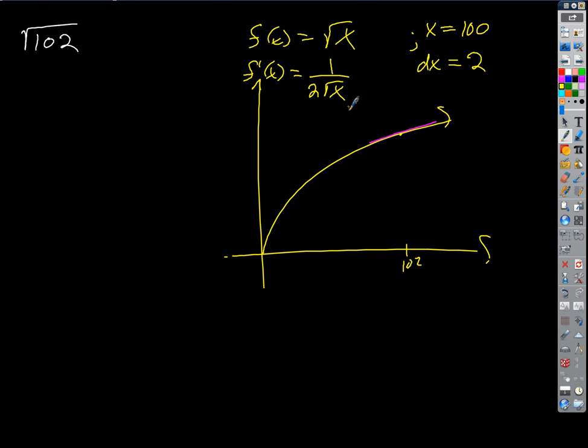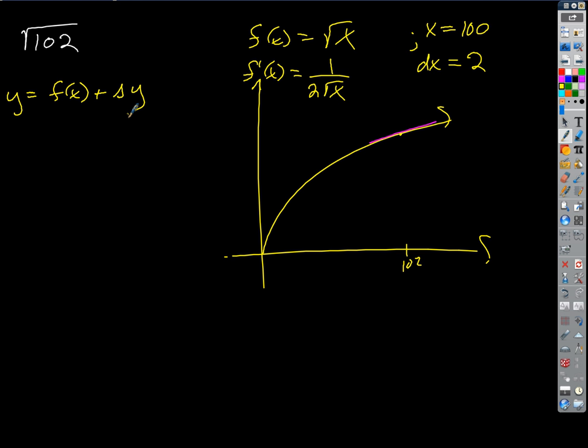Okay, so then let's use our approximation. So y is going to equal approximately, it's going to equal exactly f of x plus delta y, our new y value. Does that make sense?